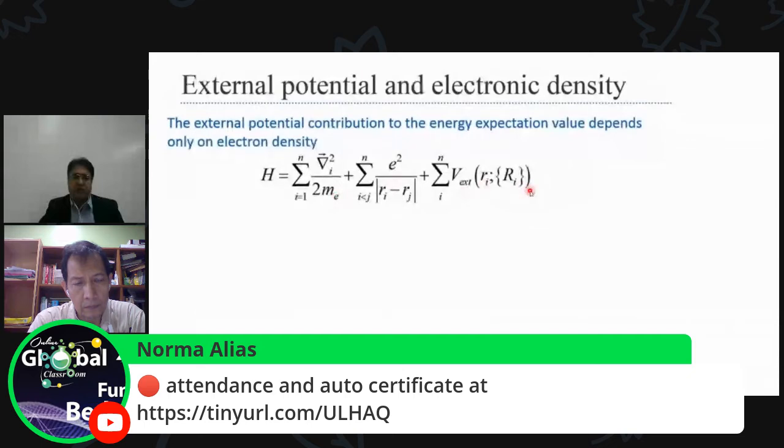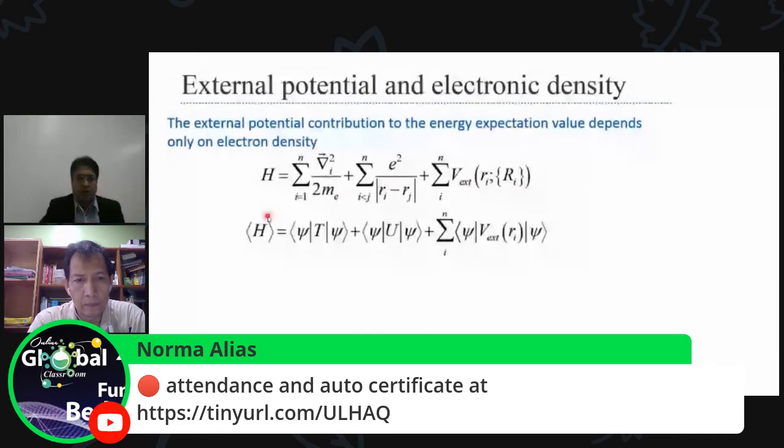If I compute the expectation value for this, I will get what I represent here. T represents the kinetic energy term, U represents the potential energy term, and this is the wave functions sandwiching the external potential. Now, as I said, this is the most important term, which gives us information about a specific system.